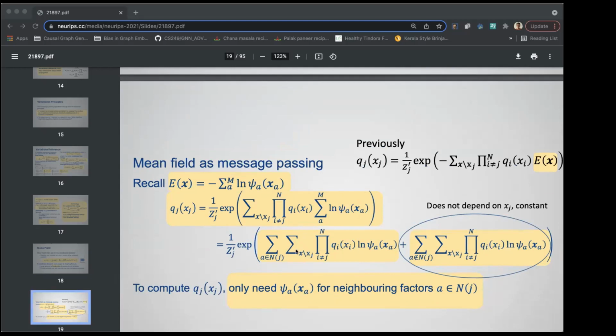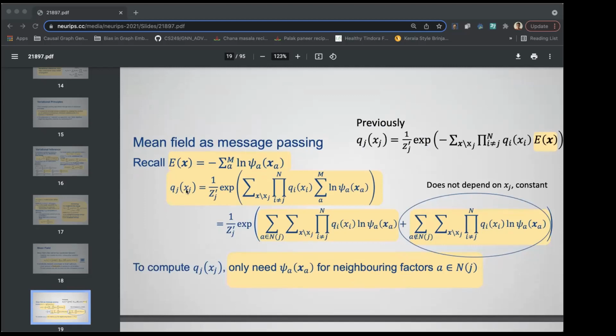And now we can actually just write the same thing twice, but one in terms of the factors that are neighbors of a random variable J and the factors that are not neighbors of a random variable J. And so we see that because these factors are not neighbors of random variable J, so Xj is not an input to any of these factors, this term itself is a constant because it does not depend on Xj.